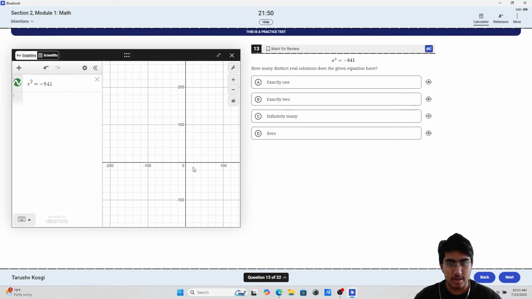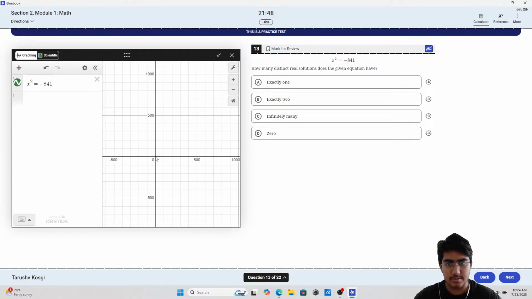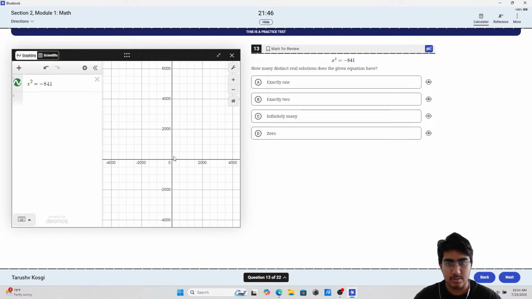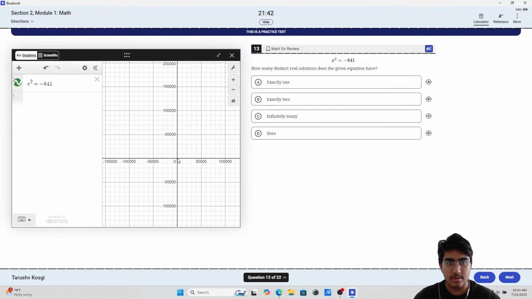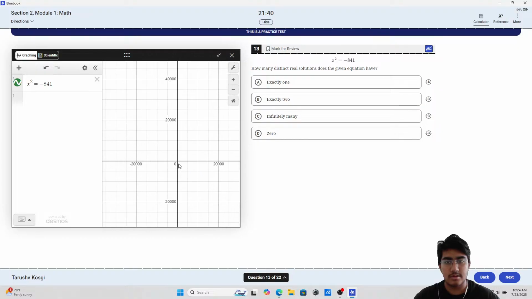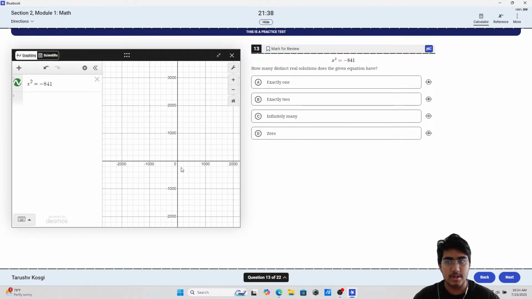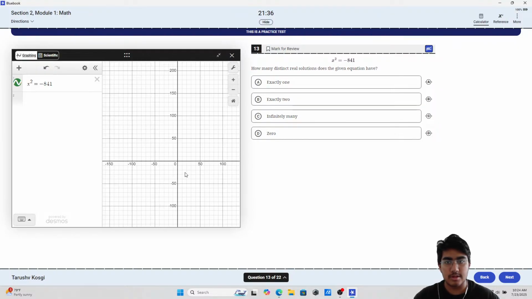So we gotta zoom out a lot here. It's trying to trick us basically by giving us a super massive equation here. Yeah, never mind. So it's possible it could be infinitely many.